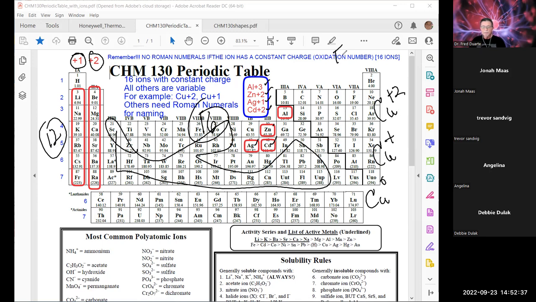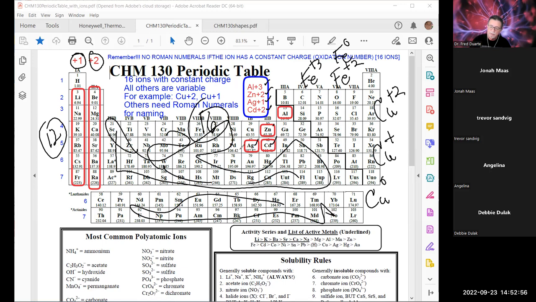Iron, for example, could be iron 0, the element, but it can become iron +2 by losing 2 electrons, or iron +3. So we can't predict for these metals here like we can for the sweet 16. And that's going to be important when we start naming these compounds, okay? All right, so put the 16 in your long-term memory.